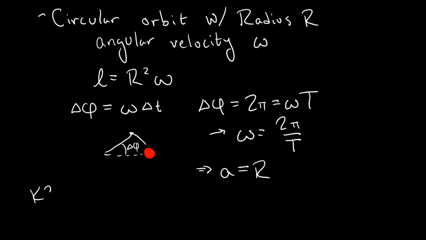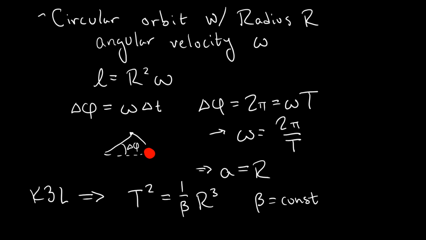So Kepler's third law tells us that T squared is equal to 1 over beta r cubed, where beta is a constant. This is just saying exactly what we said before, that the square of the orbital period is proportional to the semi-major axis cubed, where in this case I just chose 1 over beta as our proportionality constant.